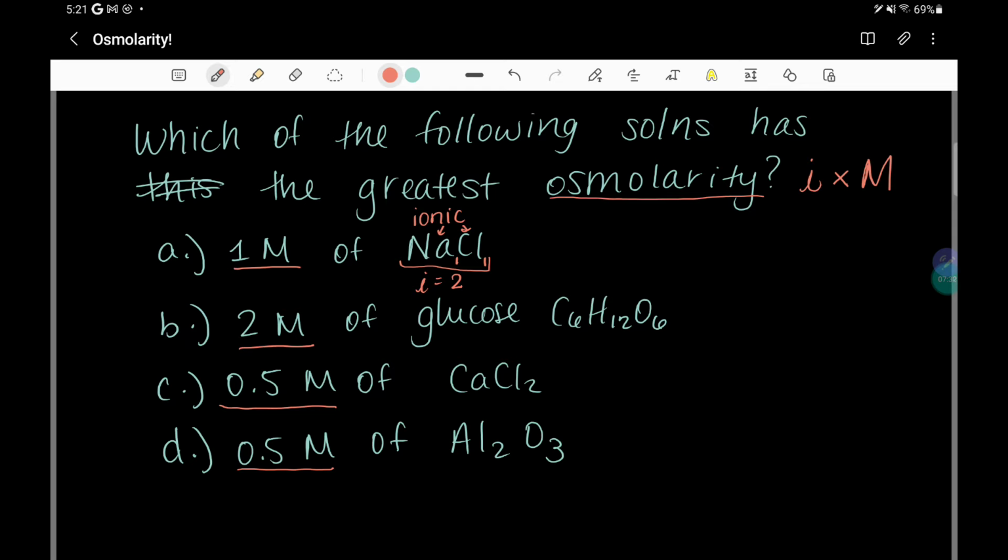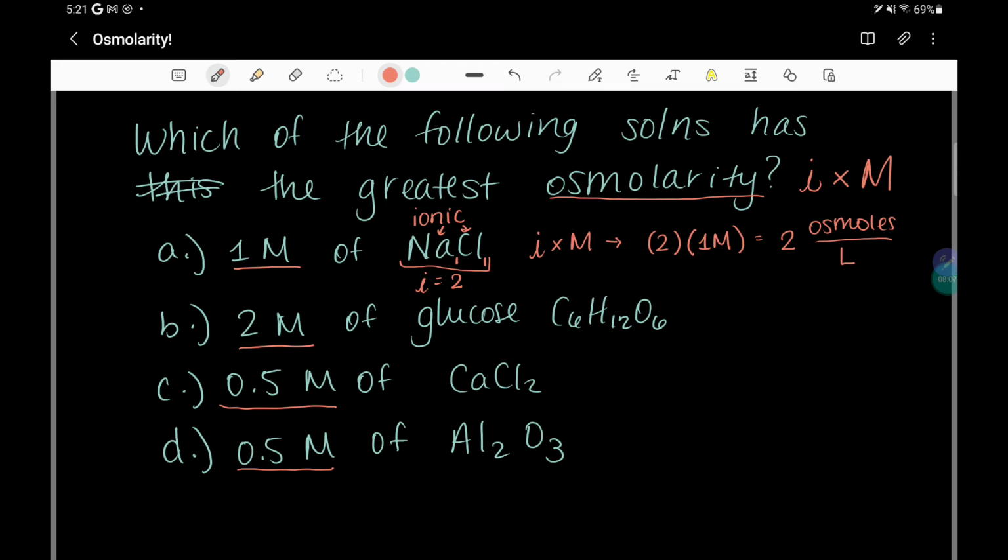So we're going to add up our subscripts, and that's our value for i. So for our first one, taking i times M, our i value was 2 for NaCl, because it's going to separate into 2 separate ions, and our M value was 1 molar, and so 2 times 1 is going to be 2, and our units here are going to be osmoles per liter. You can abbreviate that OSM per liter, but that's our units that we're working with today.